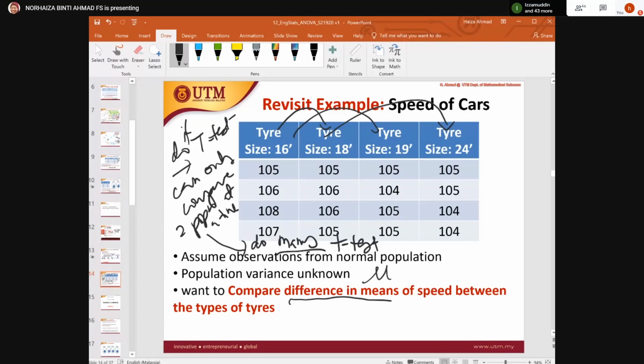So what does it mean when you do many t-tests? This is not in your textbook, but remember one test gives you one alpha. For example, my type 1 error is alpha 0.01.